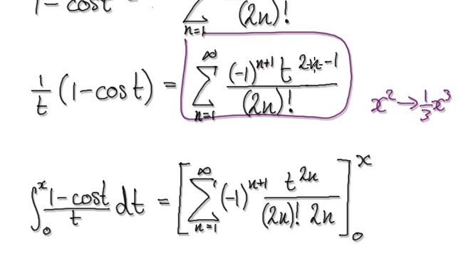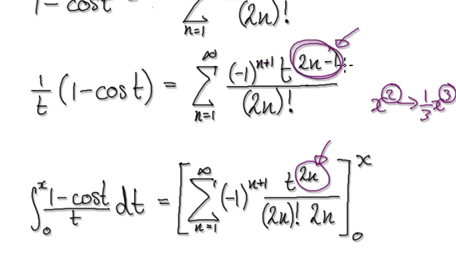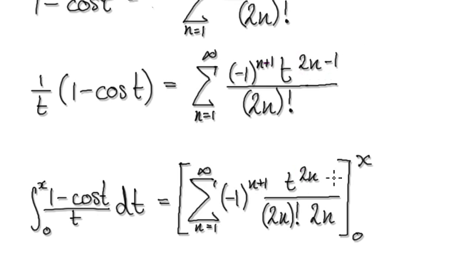So if you integrate this, this thing here will be 1 notch higher than this thing here. It's basically this thing plus 1, which would be this. And then you've got to divide it by this thing here, which is 2n.